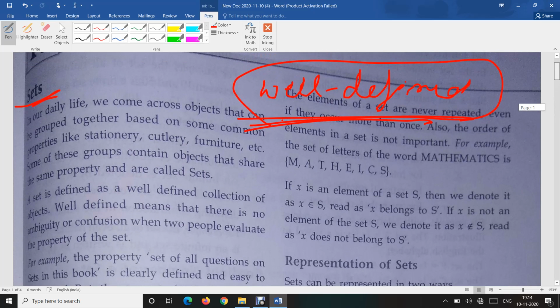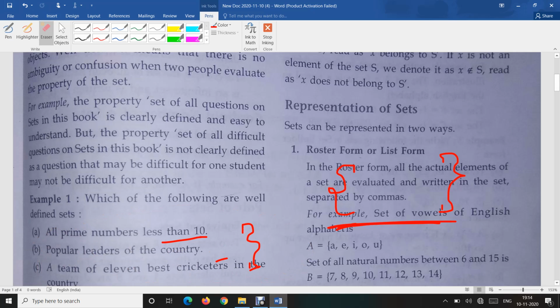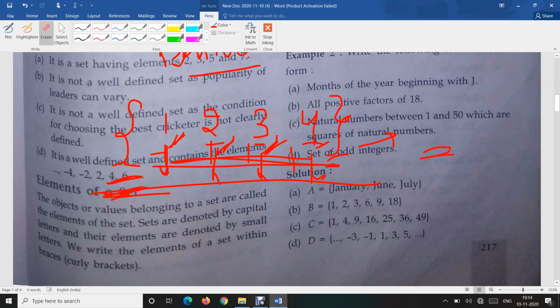Now let us move towards the next topic, which is representation of sets. What is representation of sets? See, we represent sets in many ways. Basically we represent sets in 3 ways.